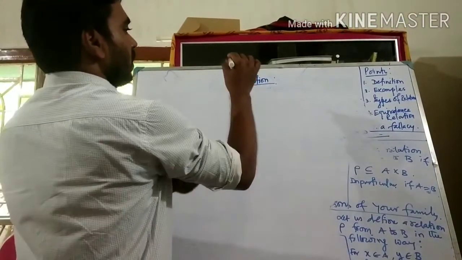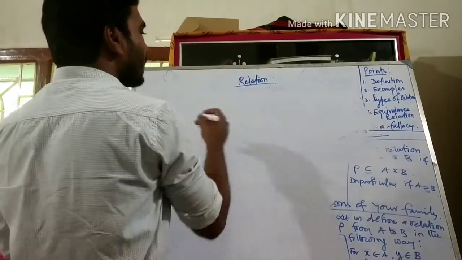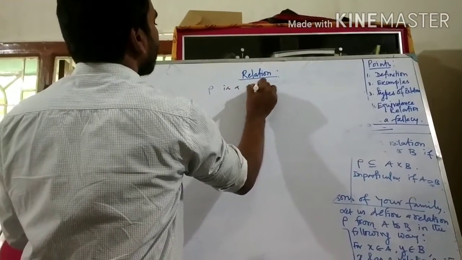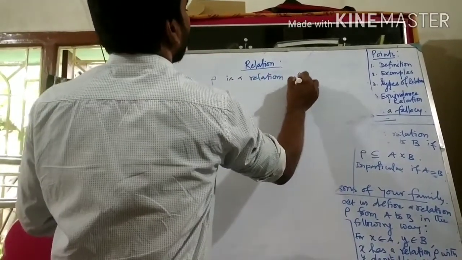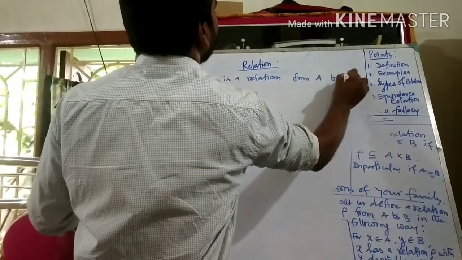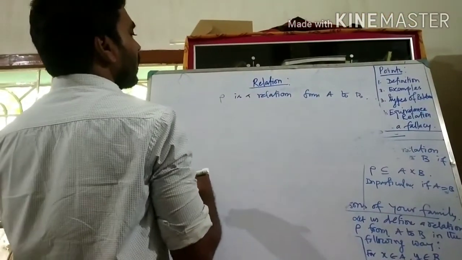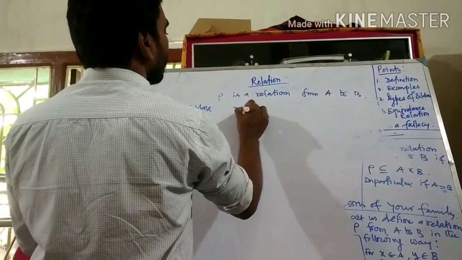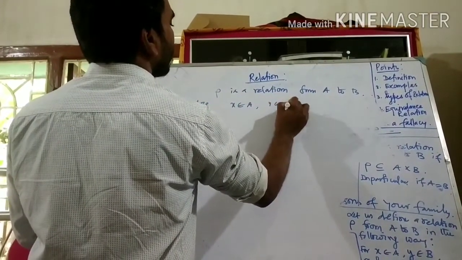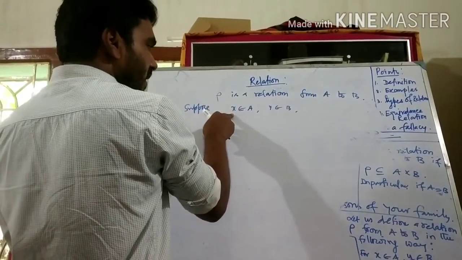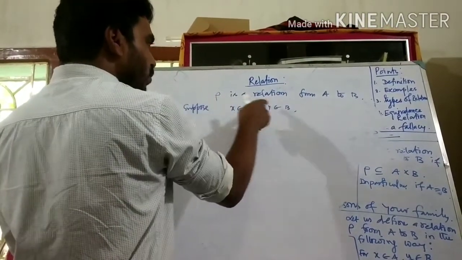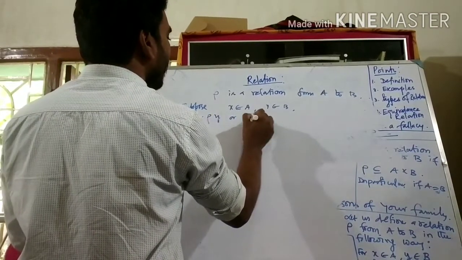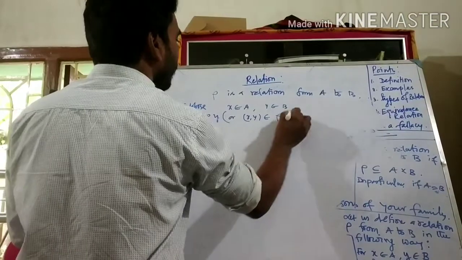Types of relation. Let me tell you one thing. Suppose rho is a relation from A to B. Suppose X belongs to A, Y belongs to B. If X is rho related to Y, then we denote it by X rho Y, or its equivalent notation (X, Y) belongs to rho.